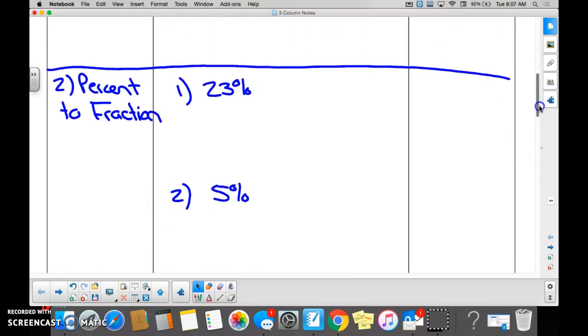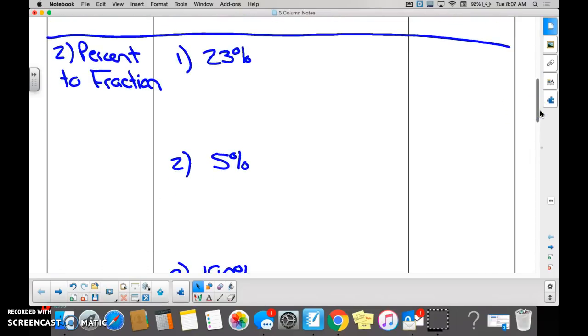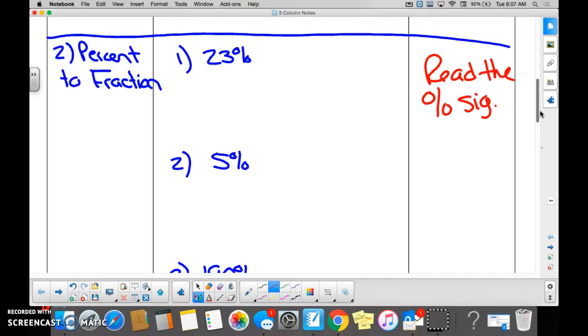The second one, percent to fraction. In this situation, we have 23%. The rule is we're going to read the percent sign as per 100. So again, in this situation, we are going to read 23% not as 23% when converting to a fraction.